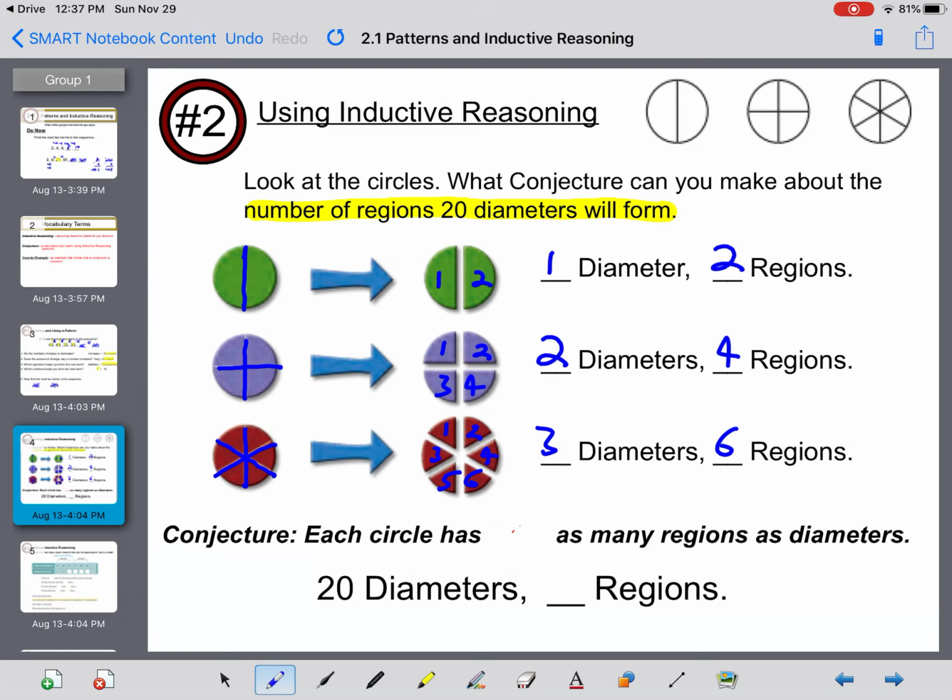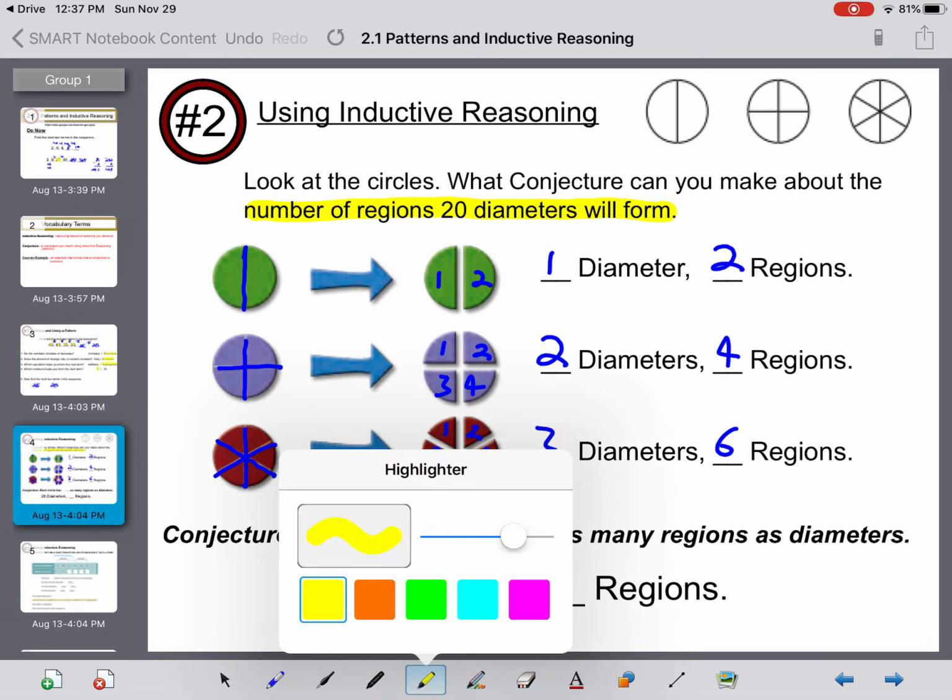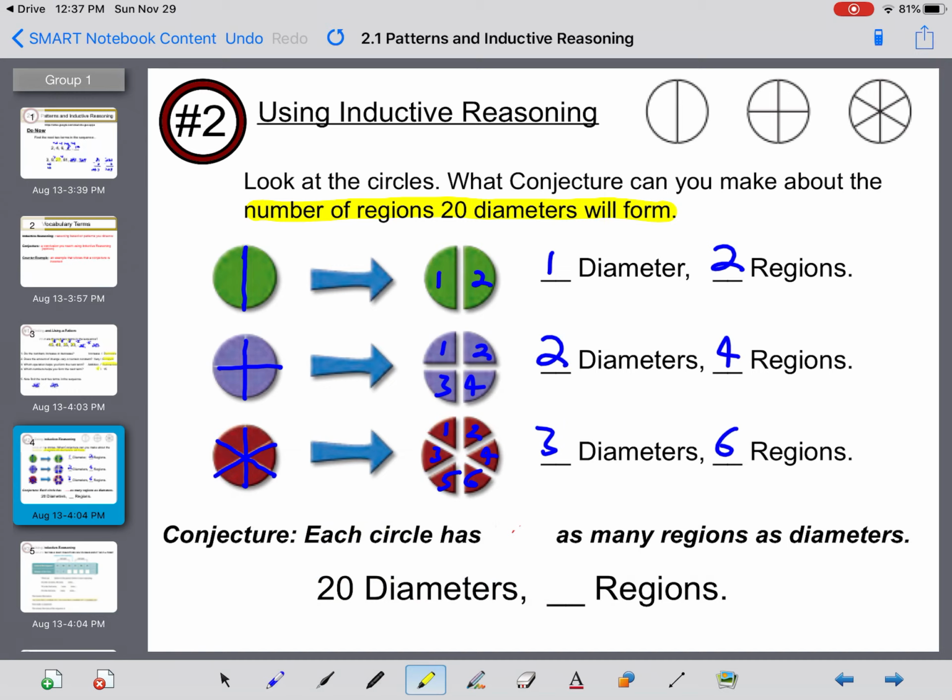So we have to make some sort of conjecture based on this. Each circle has blank as many regions as diameters. We go from 1 diameter to 2 regions, 2 diameters to 4 regions, 3 diameters to 6 regions. So our conjecture is that each circle has twice as many regions as diameters.